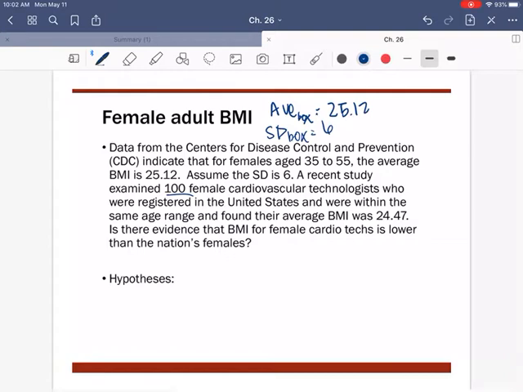A recent study of 100 female cardiovascular technologists who were registered in the U.S. and were within the same age range found that their BMI was 24.47. So the sample was 24.47. Is there evidence that cardio techs have a lower BMI than general females in the nation?